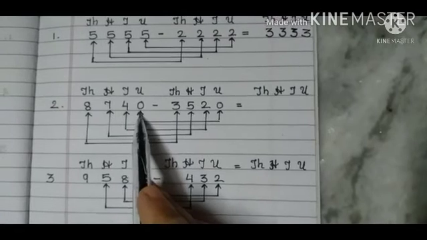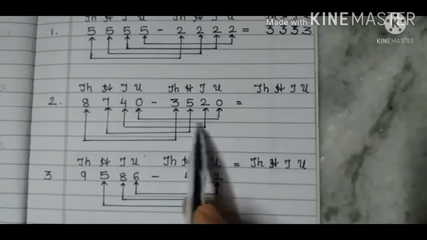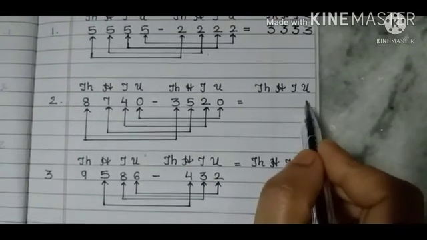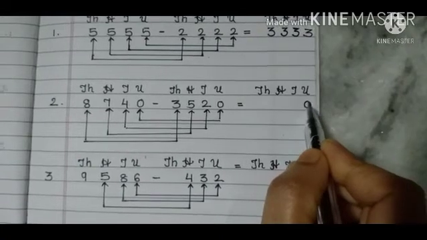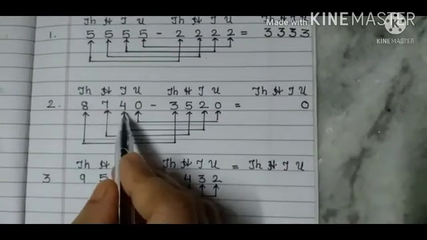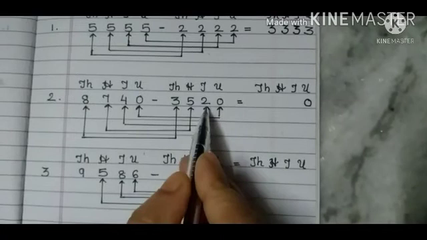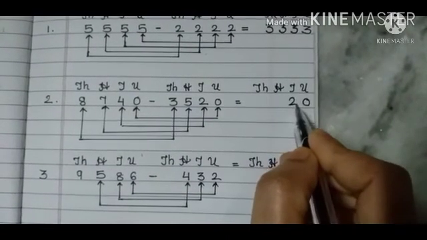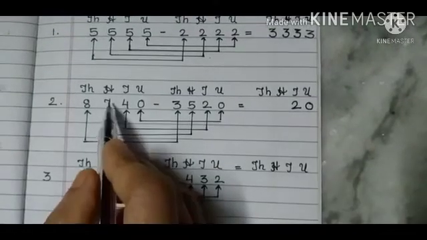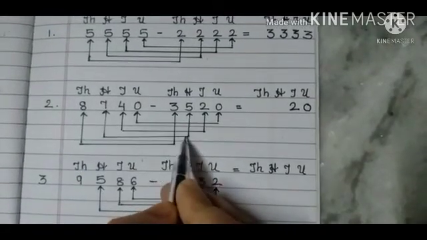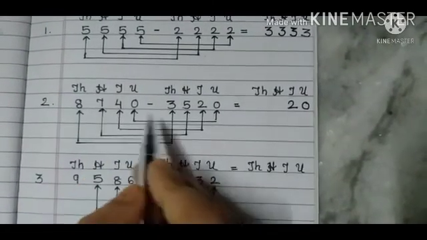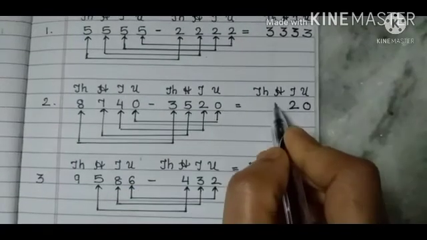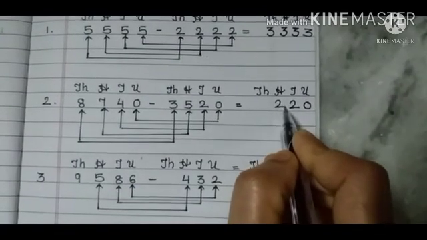So we will subtract units to units, means 0 minus 0. So 0 minus 0 is 0. So write down 0 in units place. In tens place 4 minus 2. 4 minus 2 is 2. So write down 2 in tens place. In hundreds place 7 minus 5. So 7 minus 5 is 2. So write down 2 in hundreds place.